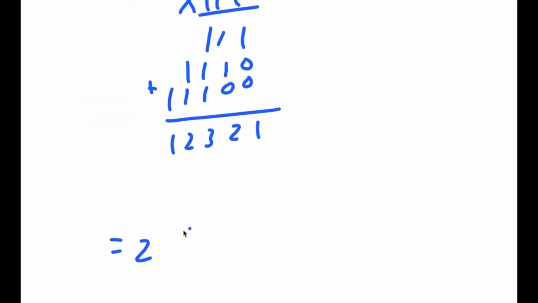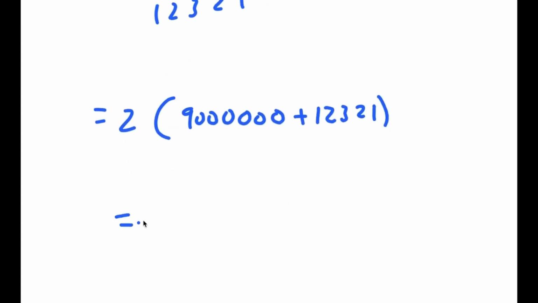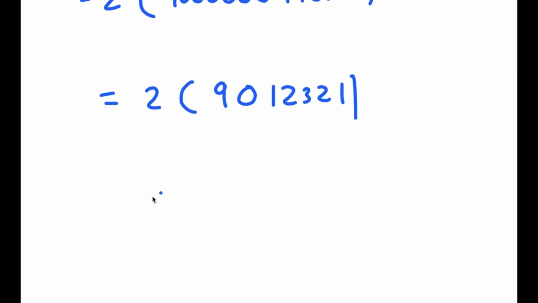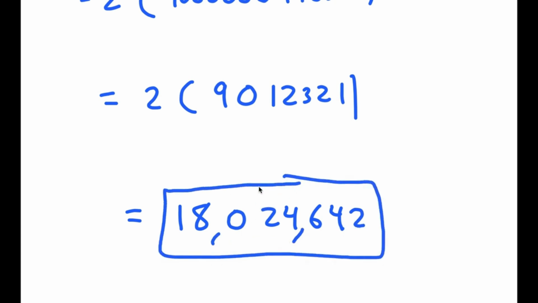So I have 2 times 9 million plus 12321, which is just 2 times 9,012,321. So 2 times this is going to be 18,024,642. So this is my solution to this problem.